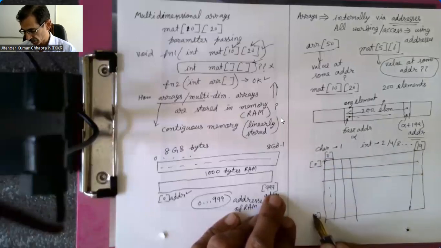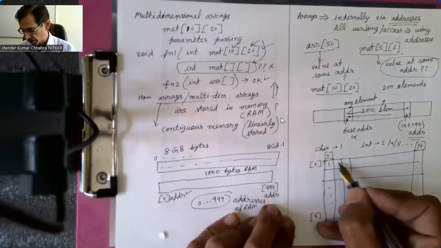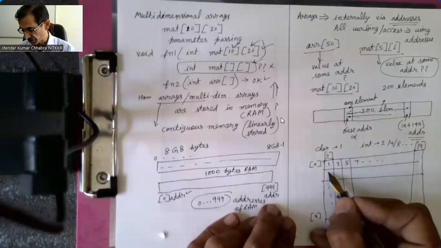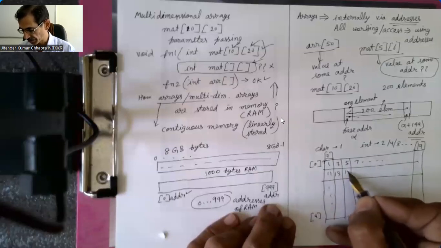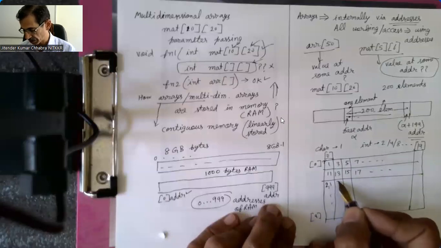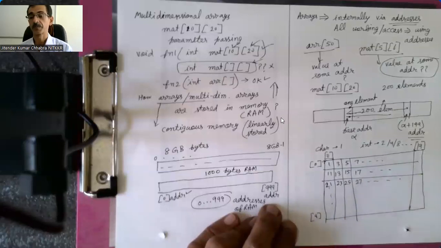Let's say these values are 1, 3, 5, 7, and so on. This row is 11, 13, 15, 17, and so on. This row is 21, 23, 25, 27, and so on.